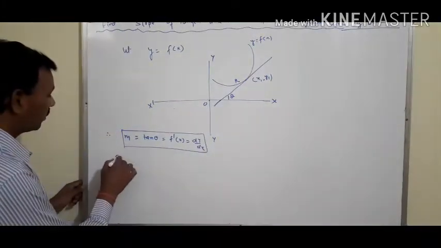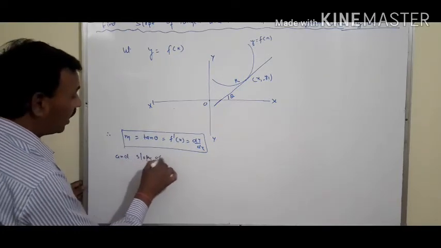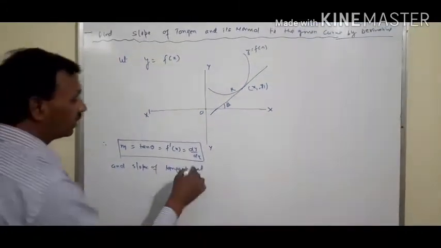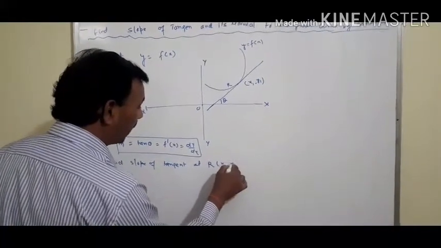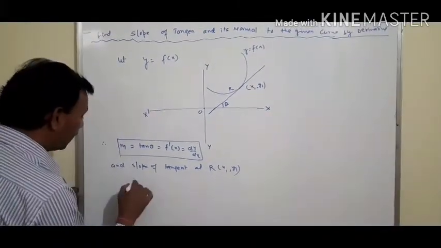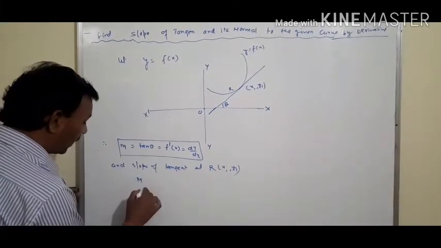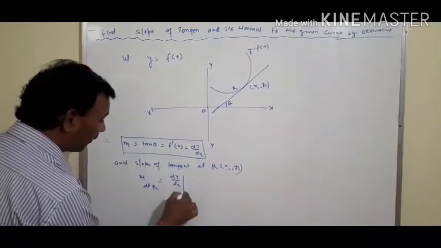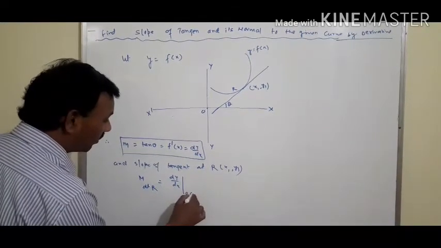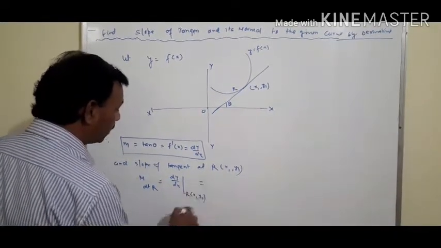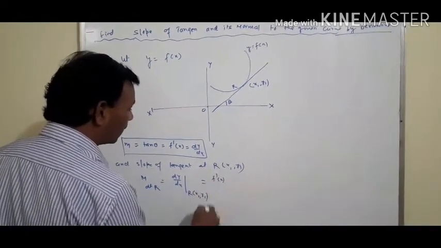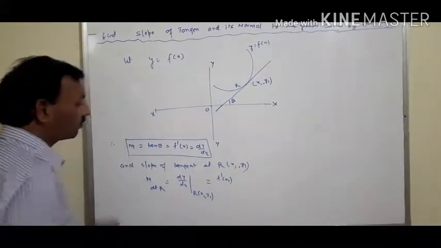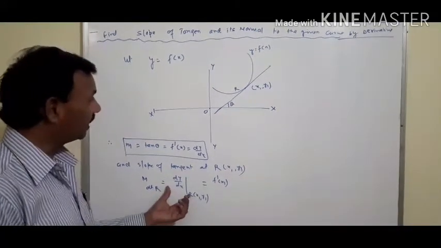The slope of tangent at a given particular point R (x1, y1) will be denoted by m at R equal to dy upon dx at R, that is (x1, y1), equal to f dash of x at x1, y1. This is the slope of tangent to the curve at the point R.